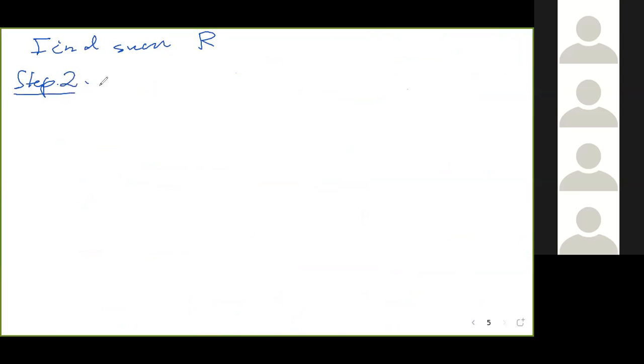Now, the second step. Now we want to show that if the number of errors is small enough, then our polynomial p is a root of R. So on this step, we will want to show the following lemma.